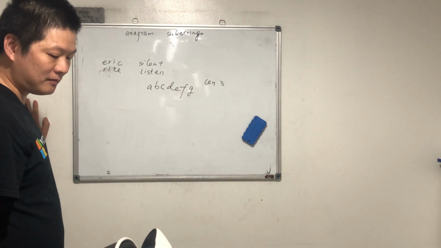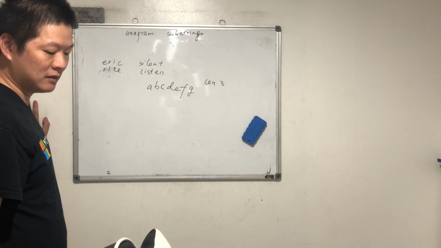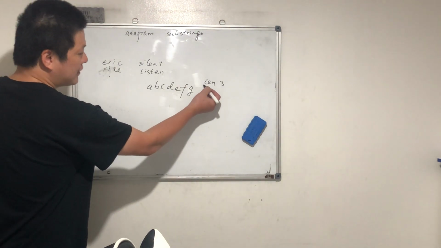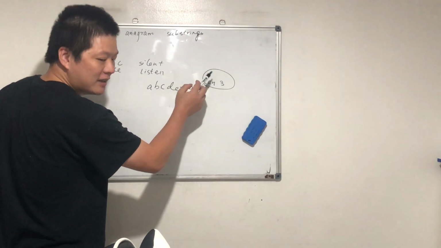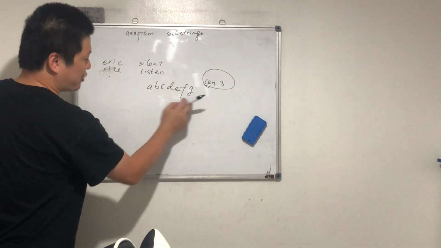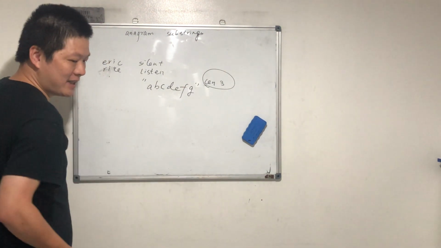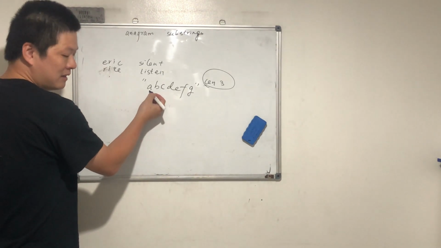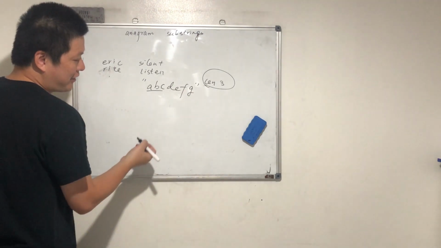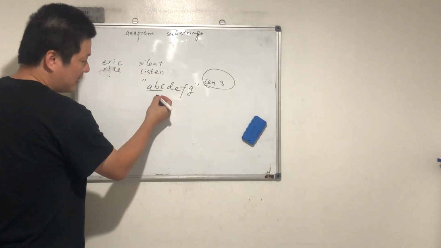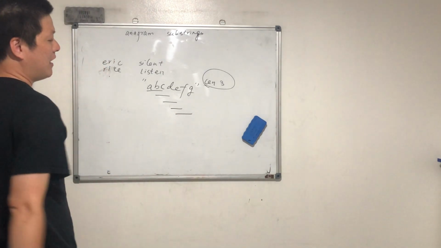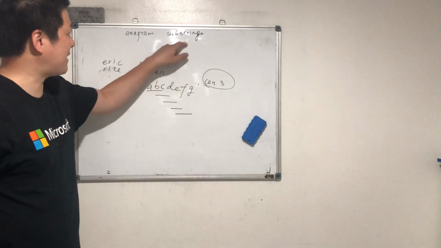Substrings are continuous. So for length 3: A, B, C, and B, C, D, and C, D, E, D, E, F, E, F, G. So this is a substring. Okay?